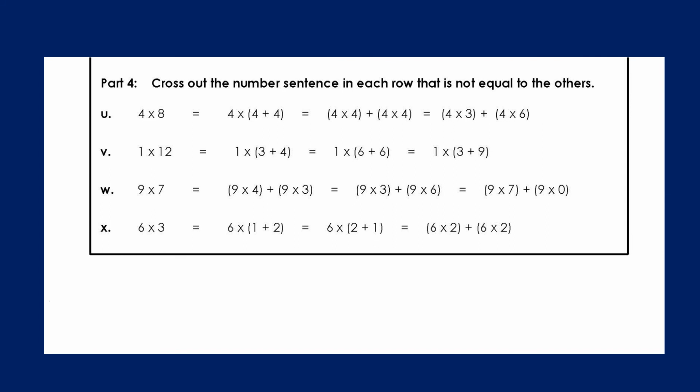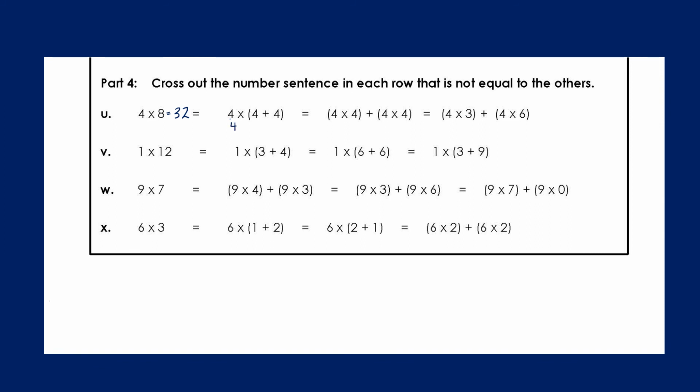Cross out the number sentence in each row that is not equal to the others. Our first problem U is 4 times 8, which equals 32. 4 times 4 plus 4, or 4 times the sum of 4 plus 4.